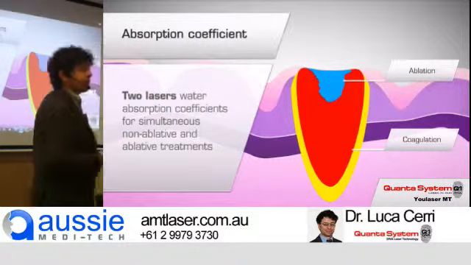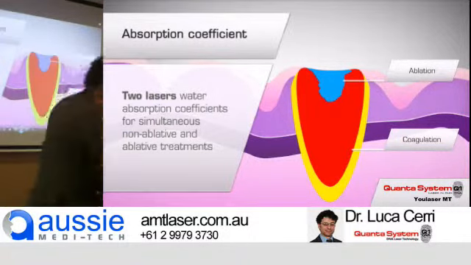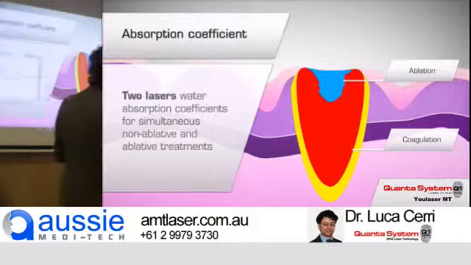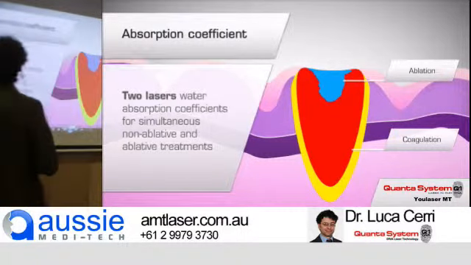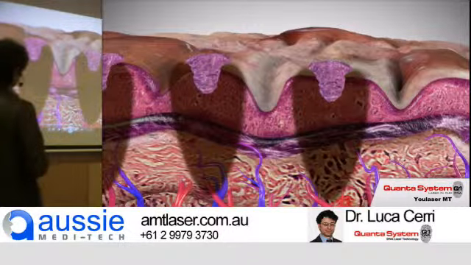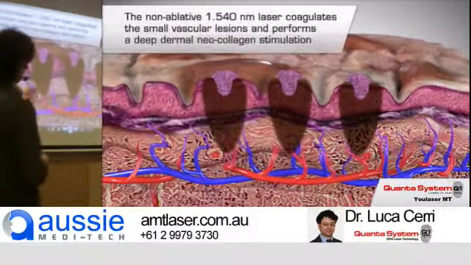The 1540, due to this coagulation effect, is also able to reduce the vascularities. It is really visible how, if a patient has some redness or some telangiectasia, just the 1540 is reducing it.